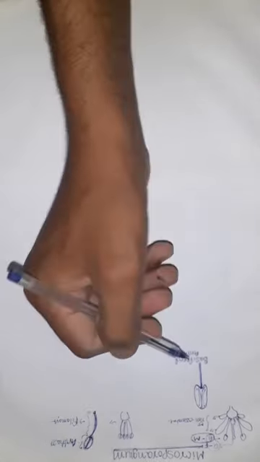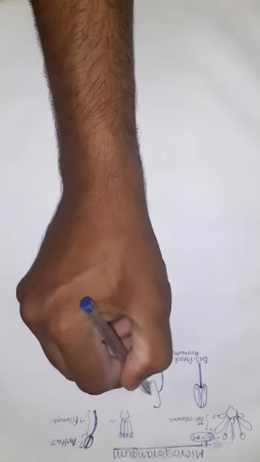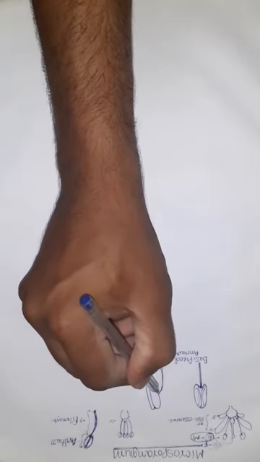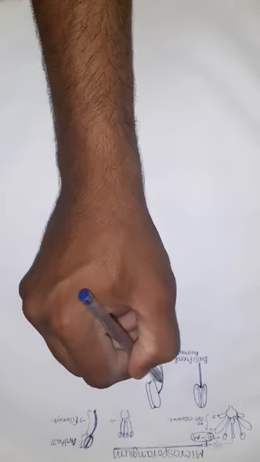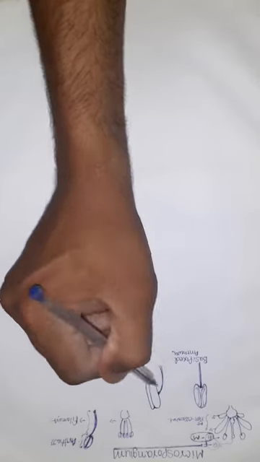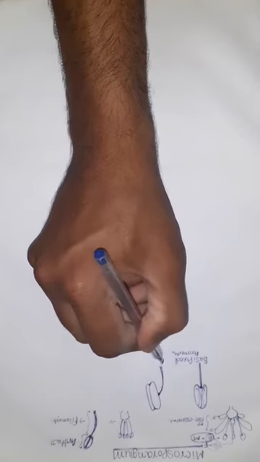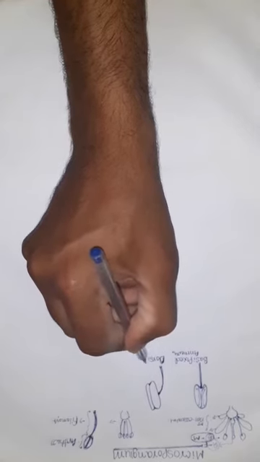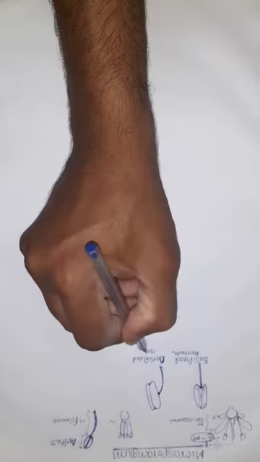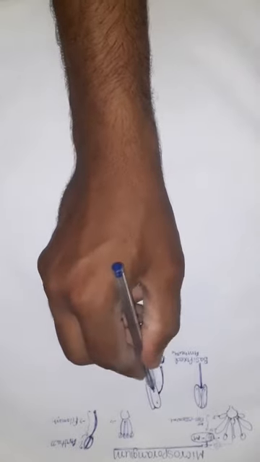Sometimes the attachment will be at a different part, on the dorsal surface, in the middle. This type of anther is called dorsifixed anthers.